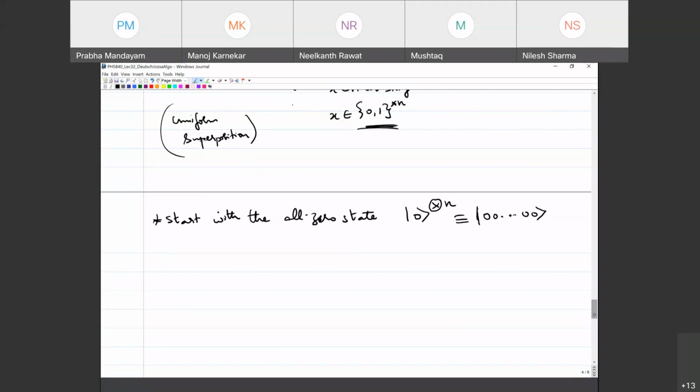Didn't you guys do a problem about this? There was a question in assignment 2, right? It said something about the n-qubit Hadamard. What did you guys show in that question? You showed that when you have an outer product notation for the n-qubit Hadamard, then that involves all n-bit strings, correct? Yes, no?